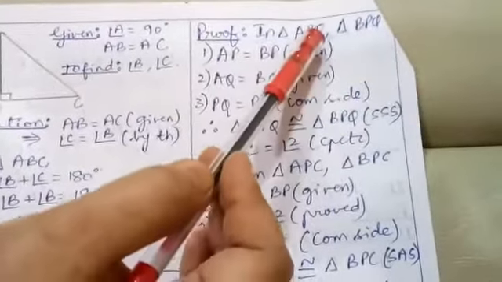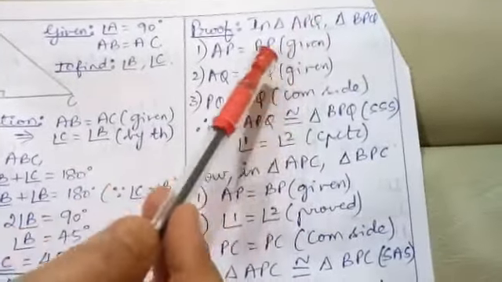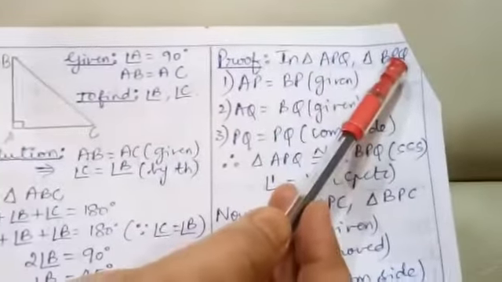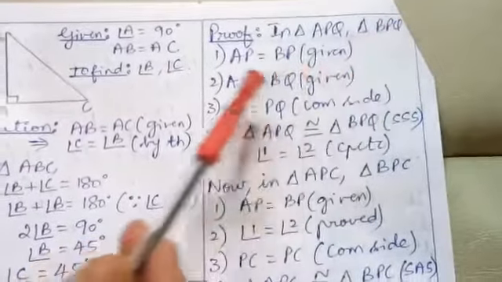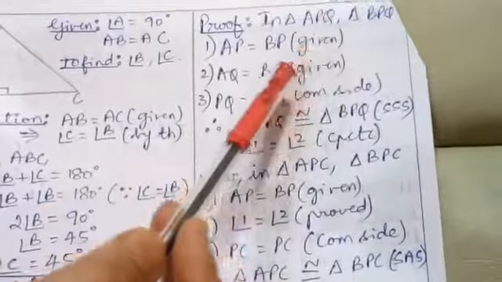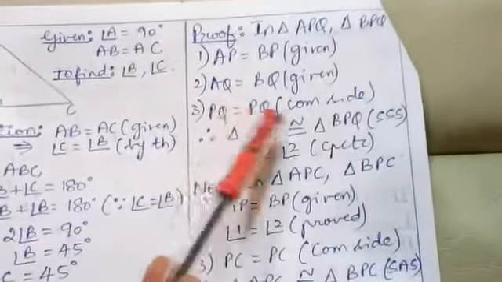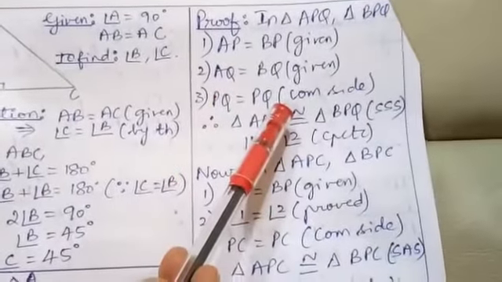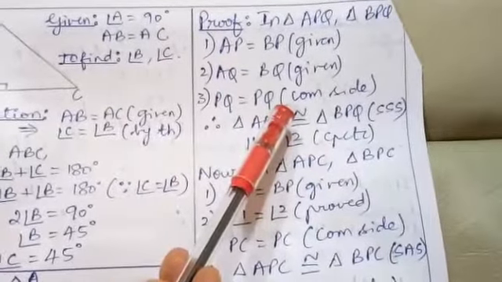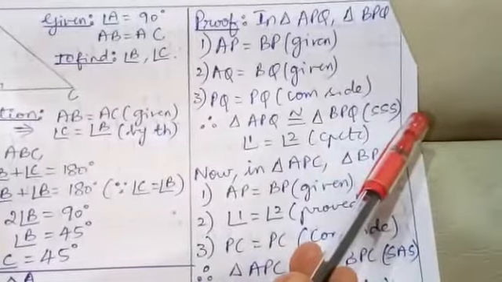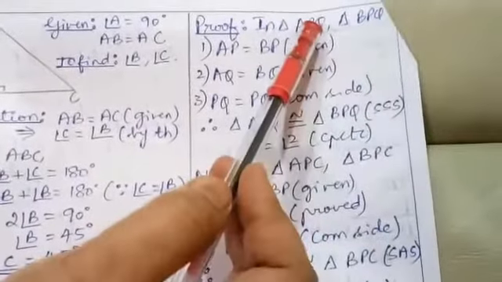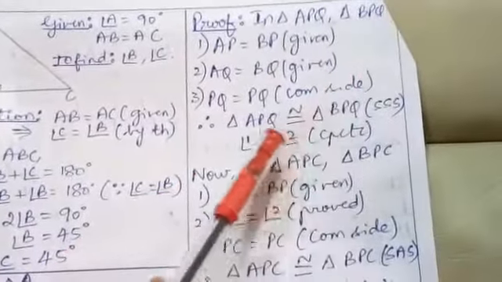AP of the triangle APQ equals BP of the triangle BPQ. This is given to us. AQ of this triangle equals BQ of this triangle is also given to us. And PQ is a side common to both the triangles. So by the SSS congruence criterion, triangle APQ is congruent to triangle BPQ.